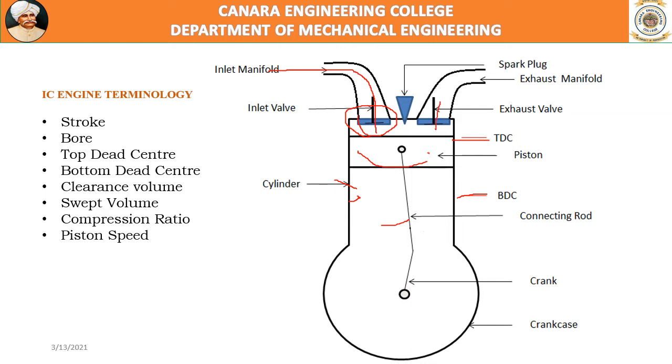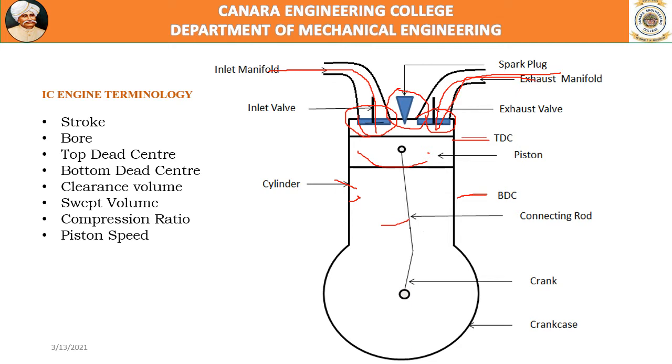Then this is another manifold, which is called the exhaust manifold, through which the products of combustion are expelled or flushed out, and this is the valve called the exhaust valve. When it opens, it allows the products of combustion to flush out into maybe the silencer. And here at the center is a spark plug or a fuel injector, the diesel injector.